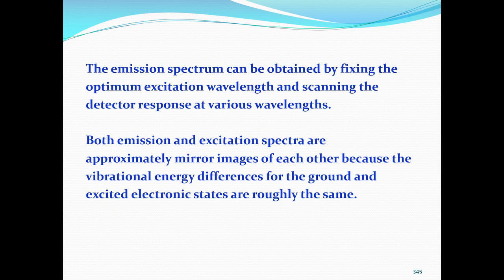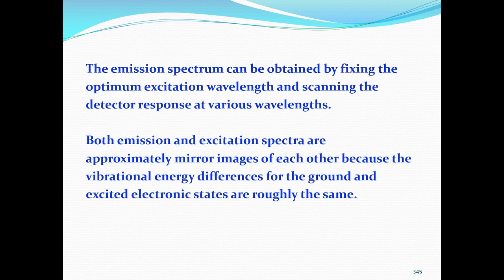Then what we do? We fix the excitation wavelength and then scan the emission wavelength. That can be obtained by fixing the optimum excitation wavelength and scanning the detector response at higher wavelengths, not lower wavelengths. So, once both these are fixed, excitation and emission spectra are approximately mirror images of each other.